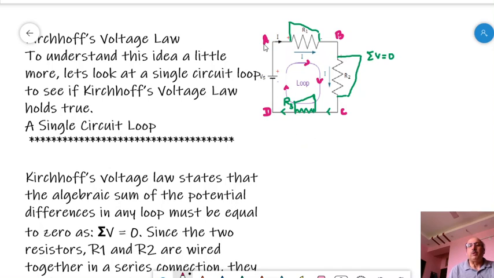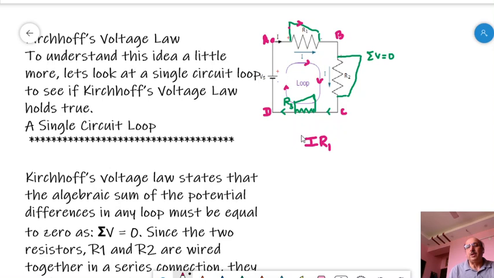Now starting from point A, the appliance is R1, so the voltage across R1 is I R1, right? And the current is coming from higher voltage to lower voltage level.